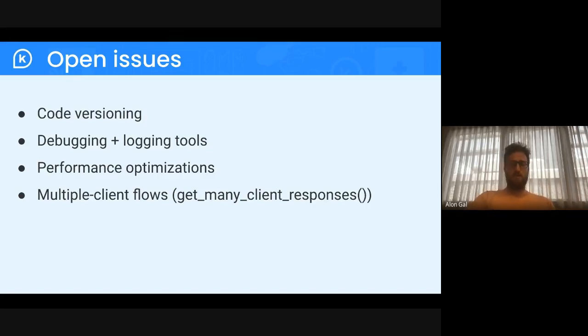This could be interesting for other use cases that are not a chatbot. And finally, maybe the most exotic and cool one is this idea of multiple client flows. Currently we have this get client response primitive, which says I can only interact with a single user. So I wait for the user to send me the next request, and then it triggers continuing the flow.